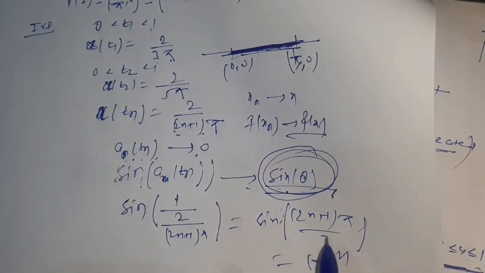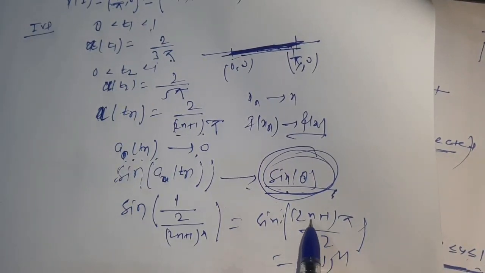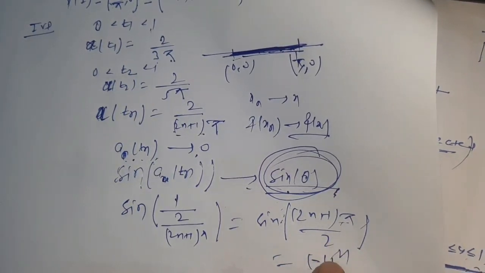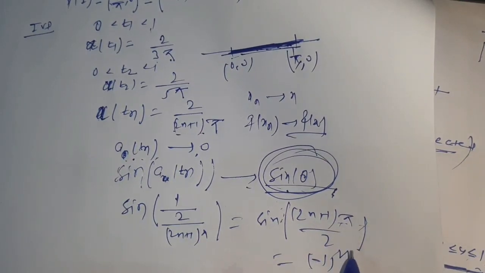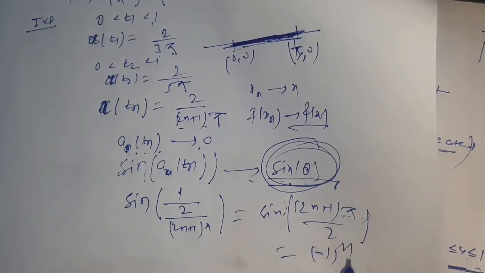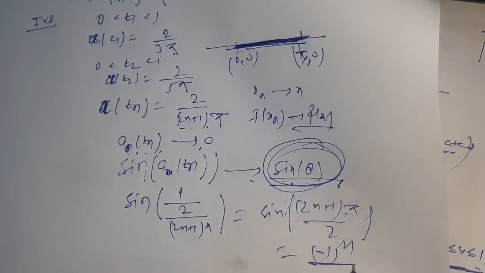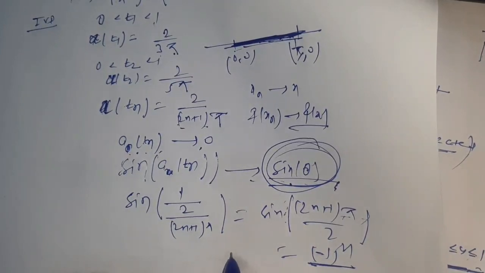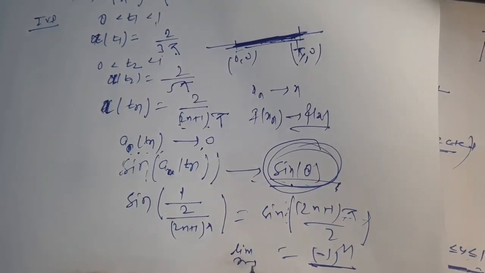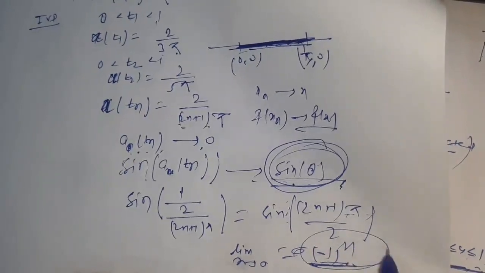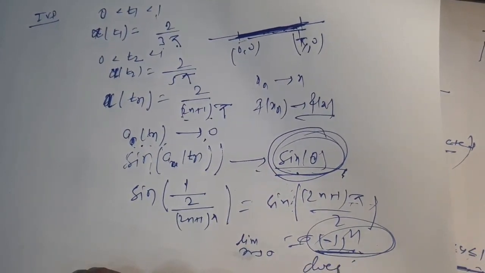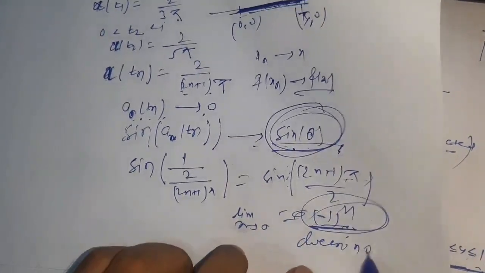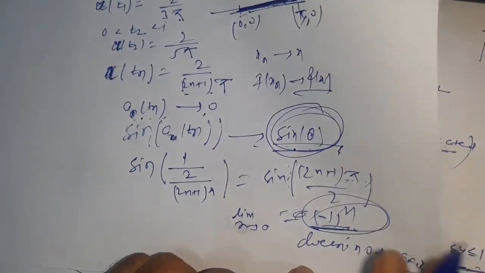You can visualize it as sine 3 pi by 2 for n is equal to 1, which is minus 1, and for n is equal to 2, sine 5 pi by 2 is equal to 1. That means its value is minus 1 to the power n. If you apply the limit n tends to infinity, this does not exist. So what happens here?